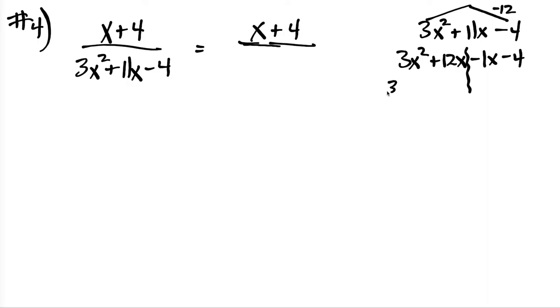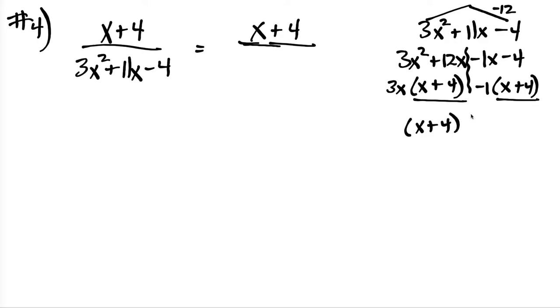First half has a 3x in common. Second half has a minus 1 in common. I know I did that part really fast, but they both have an x plus 4 in common, so I put that in the front. And then I write what would be left over, which is 3x minus 1. So that's how you actually have to factor it.